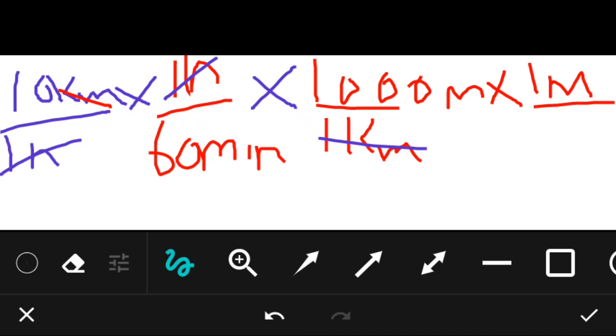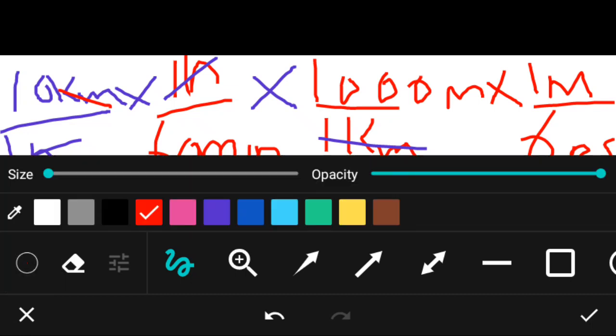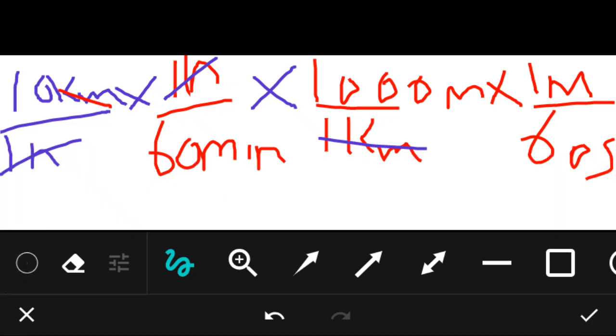So 1 minute is equivalent to 60 seconds. Again, I want the units to cancel, so I'll cross out the minute there and the minute there. Now on top we have 10, then 1000 meters, and at the bottom we have 60 and 60 seconds.